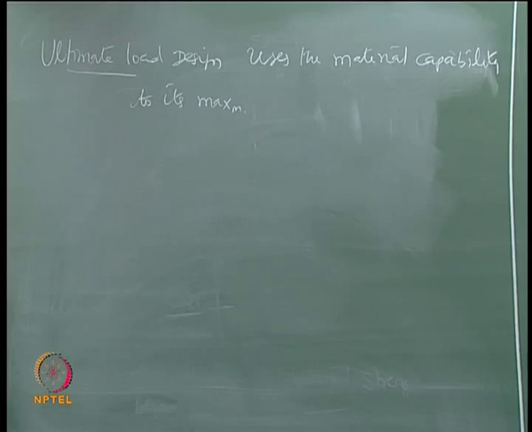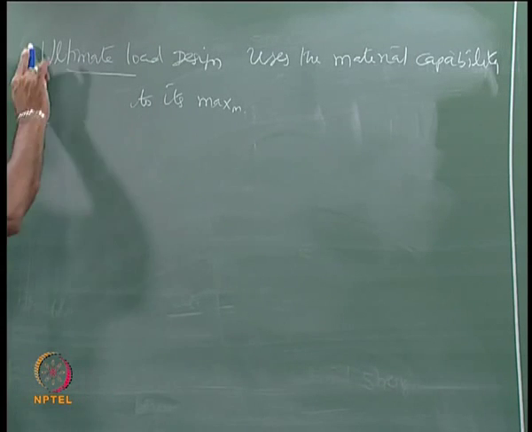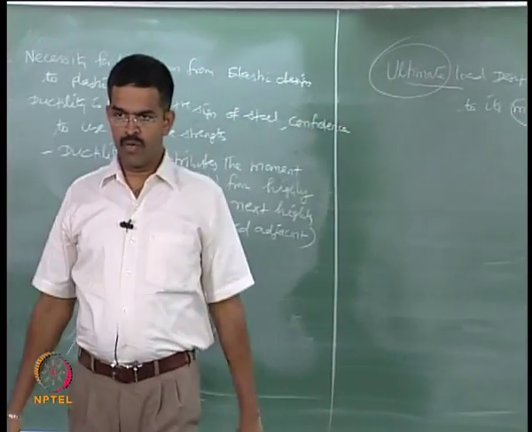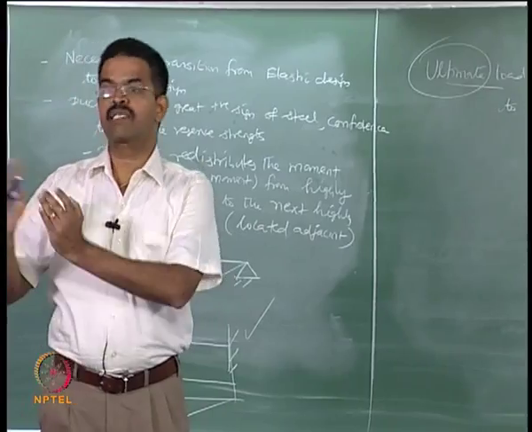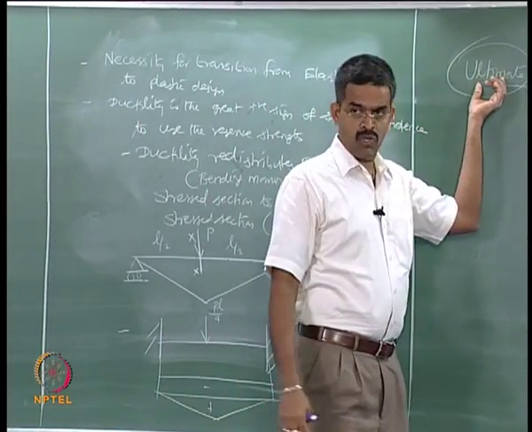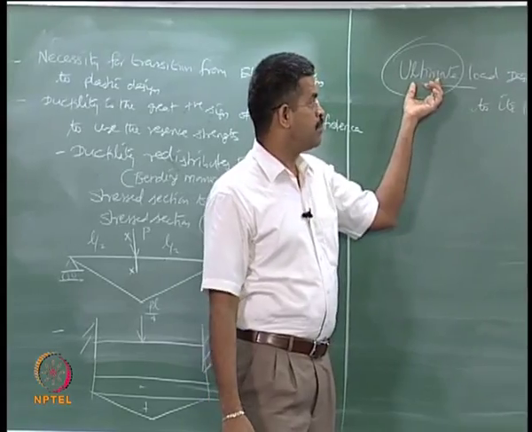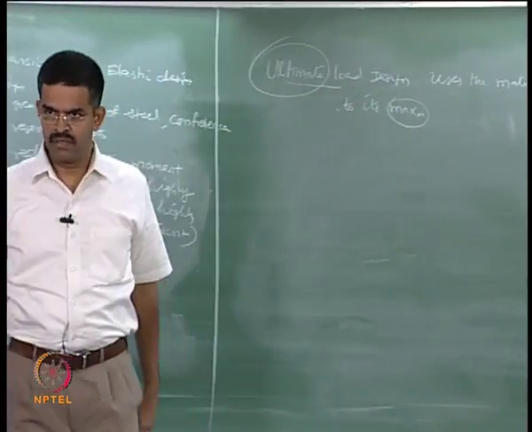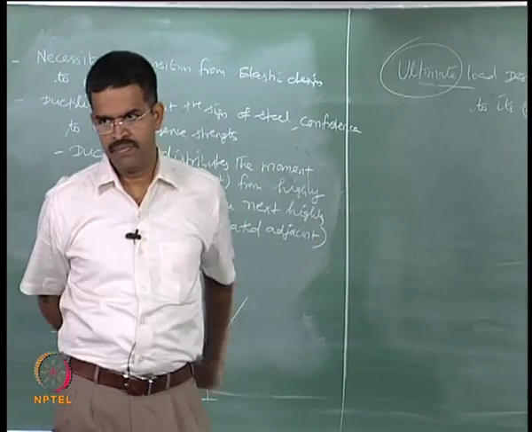It is because of this adjective in mind designers gave this name as ultimate. We are using the load carrying capacity to its maximum, it means ultimate. So, ultimate is an adjective which also tells me that beyond this the load carrying capacity cannot be increased, it is the maximum ultimate.